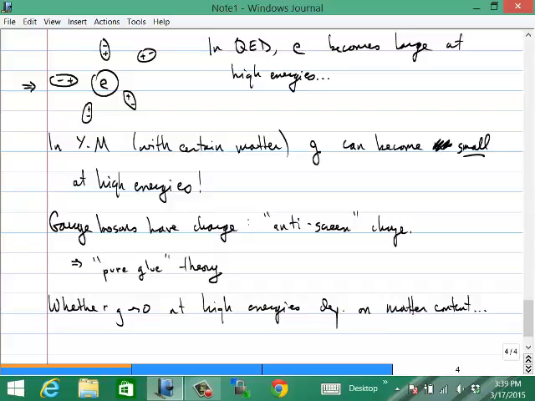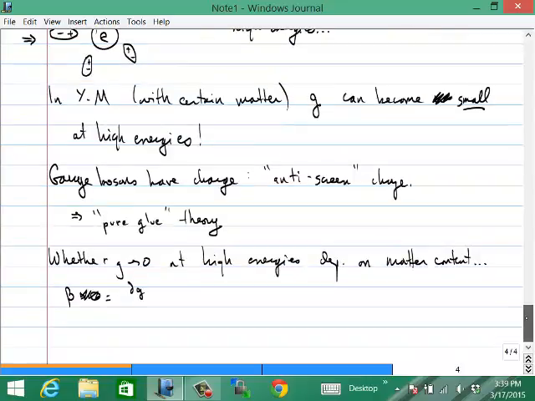And what we'll see is that depending on what sort of matter we have, what sort of gauge group we have, there are various different possibilities. In some cases, the beta function is positive, meaning that the coupling wants to increase. Remember, the beta function is the change in the coupling with respect to your energy scale.